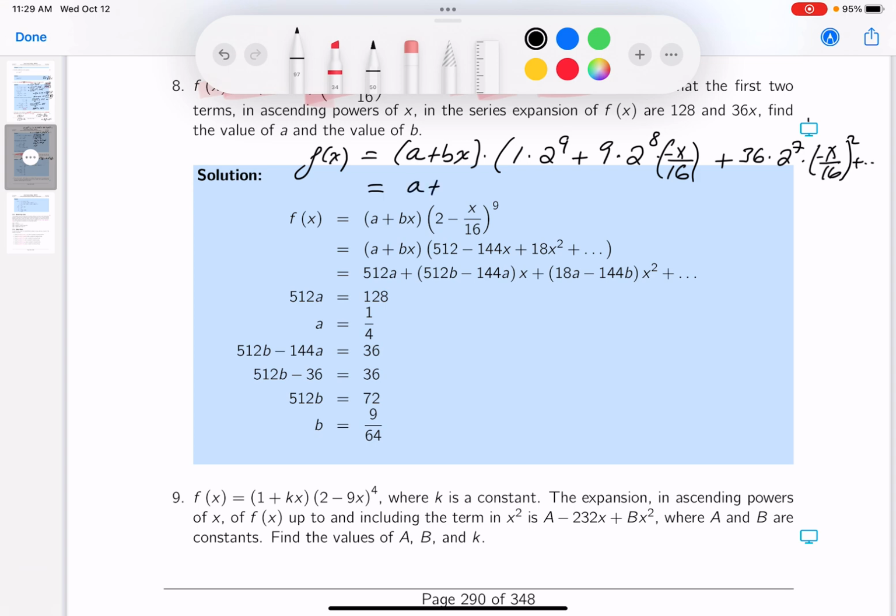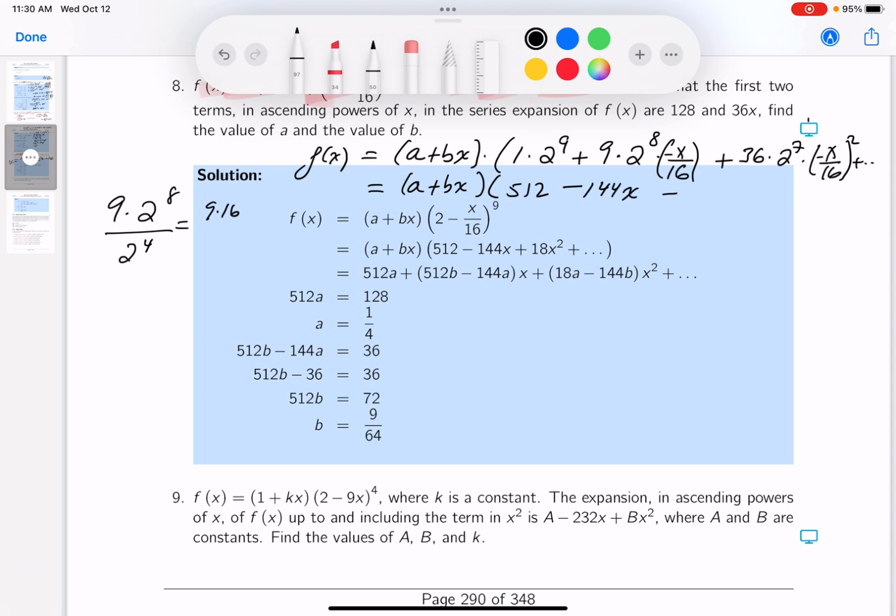A plus bx, 2 to the 9th is 512. Next thing is going to be minus, and that's going to be more difficult, isn't it? So it's 9 times 2 to the 8th over 16, which is 2 to the 4, right? So it's going to be 16 times 9, all right? 9 times 16 is 144.